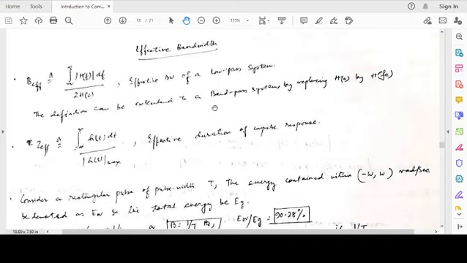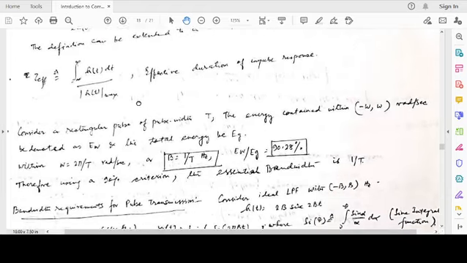Now this definition can be extended to a band pass system by replacing H(0) by the center frequency fc. Similarly, the effective duration of an impulse response is the integral from minus infinity to infinity of h(t) dt, normalized with respect to the maximum value of h(t).